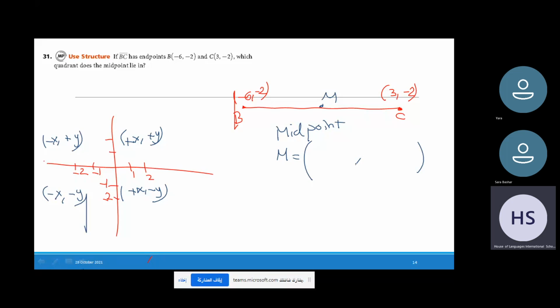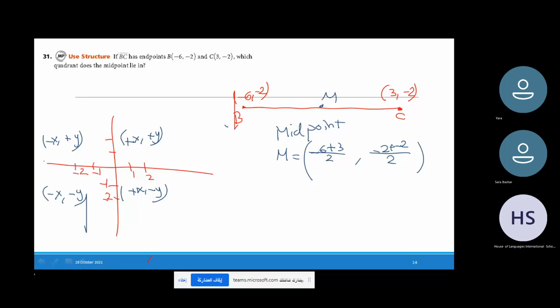What's the formula that you have to use? Negative 6. Bravo. And then? Now, negative 6 plus 3.